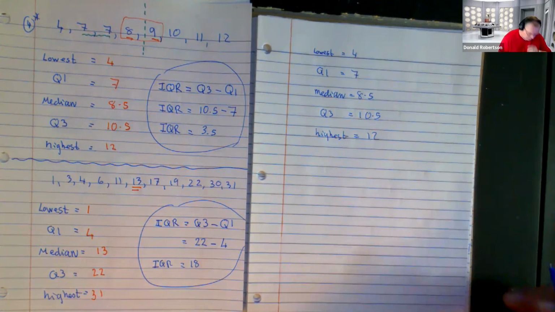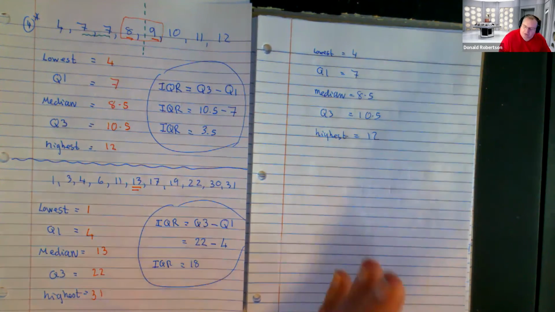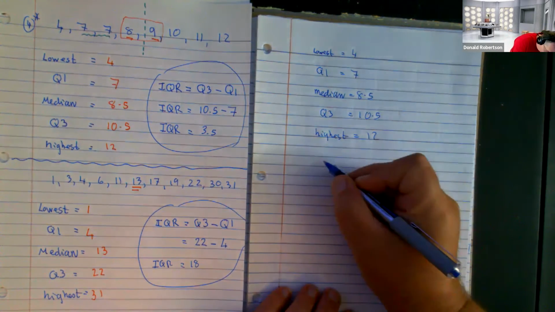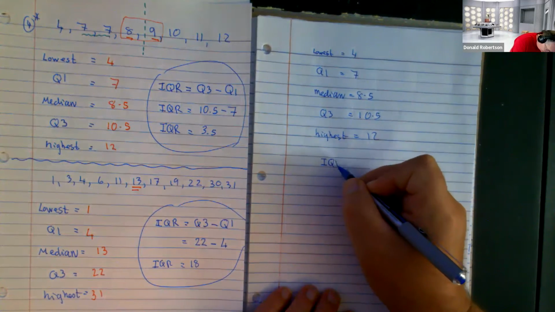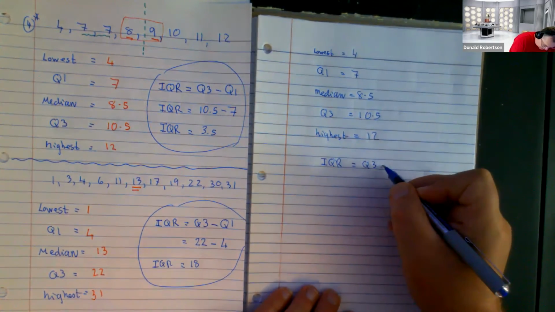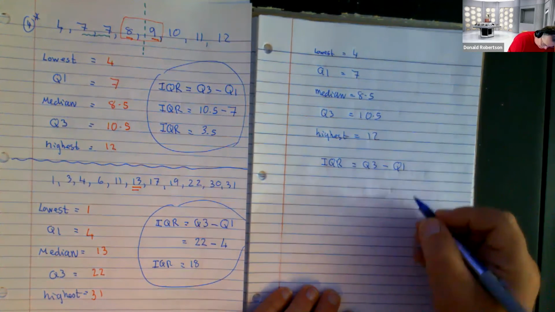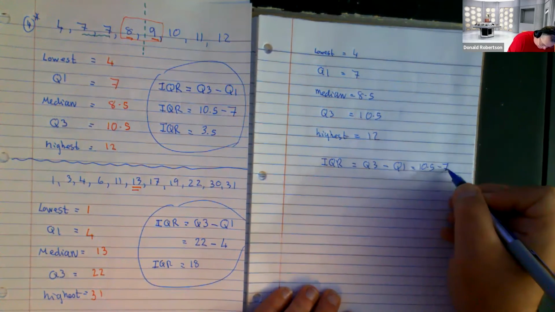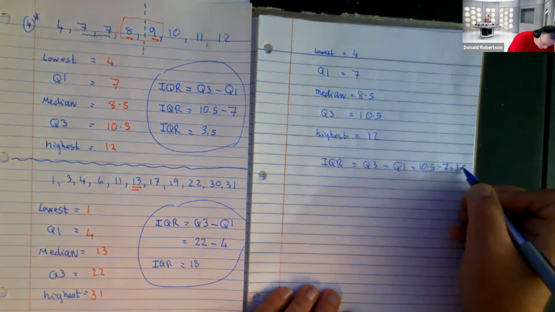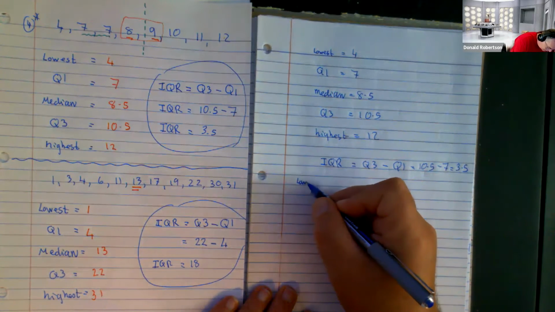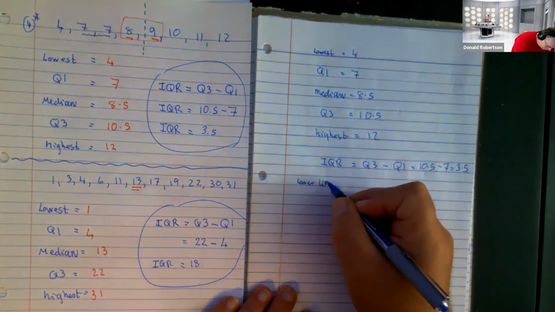And I would like to know when something is probably going to be an outlier. So what we have to calculate first is called the IQR. And it's Q3 take away Q1, which in this case is 10.5 take away 7, and that is 3.5. And we calculate a thing called a lower limit.